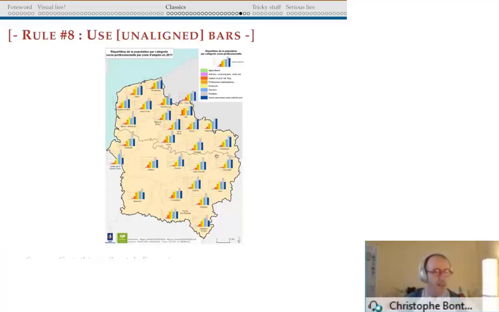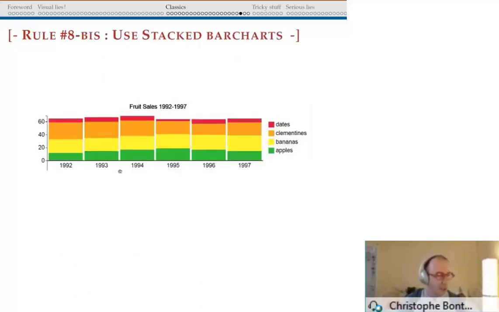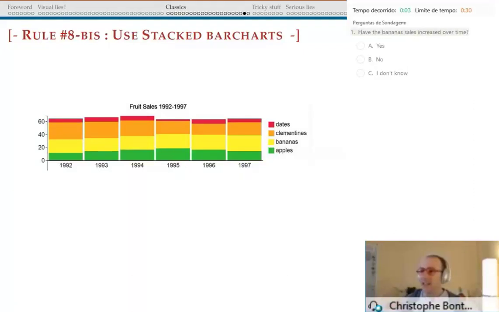And this is important because here is, once again, a legitimate question. You stack bars, and this is my rule number 8, and this is poll number 11. The question is, have the banana sales increased over time?